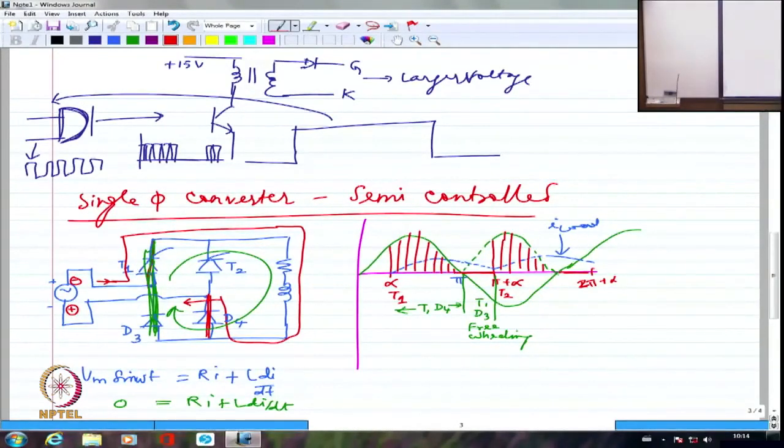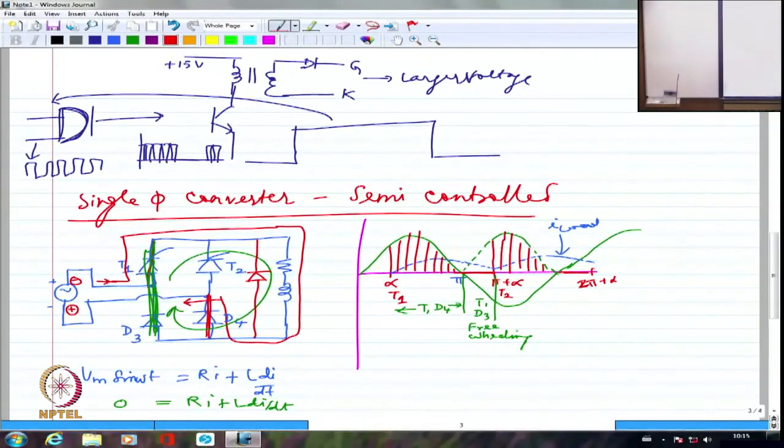Whenever I have a freewheeling duration coming into the picture, I am going to have zero voltage. Sometimes we put an explicit freewheeling diode, despite the fact that these two can very happily do the freewheeling, to reduce the voltage drop. Although we say ideal devices will not have any voltage drop, instead of two devices having the voltage drop, if only one device has it, then the current can even pull along for longer.